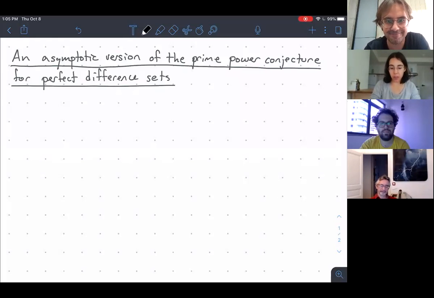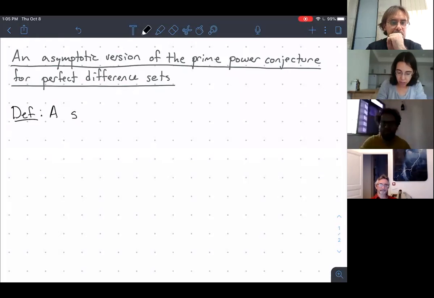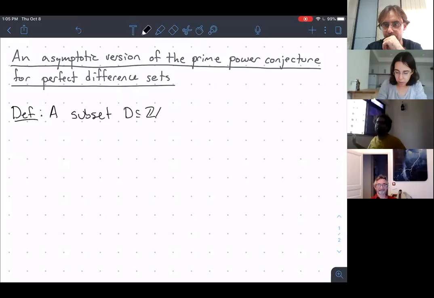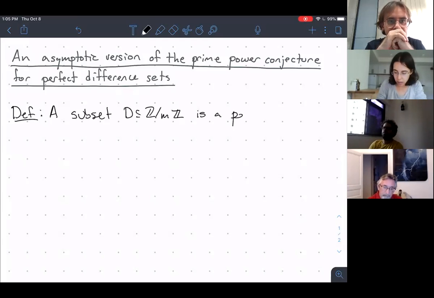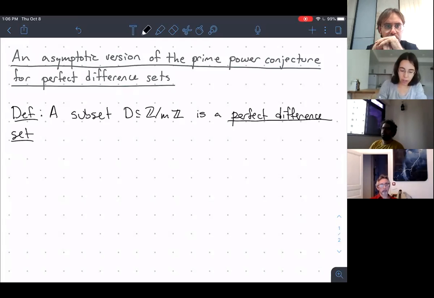First I'll tell you what perfect difference sets are. A perfect difference set is a subset of some cyclic group such that every non-zero element of that cyclic group can be written uniquely as the difference of two elements of your set.